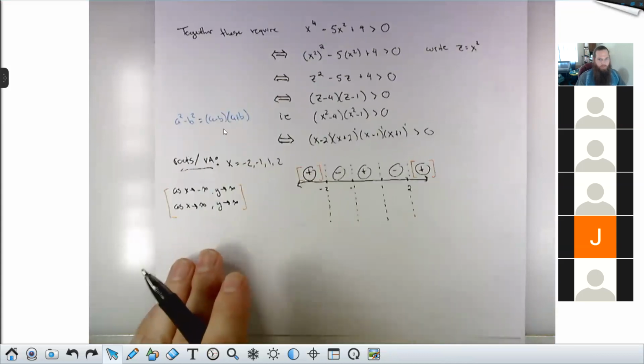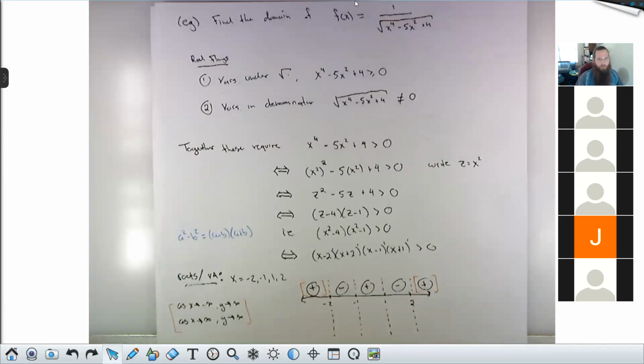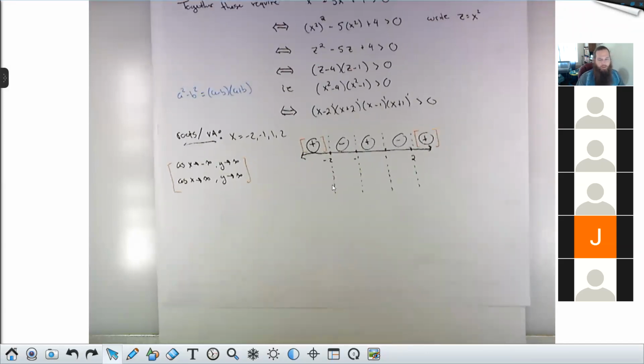So we're almost done. The solution to this inequality is going to be open intervals, because it's strictly greater than. Having this thing equal to 0 would make the downstairs of my function 0, which is no good. So I'm just going to take the open intervals with the plus.